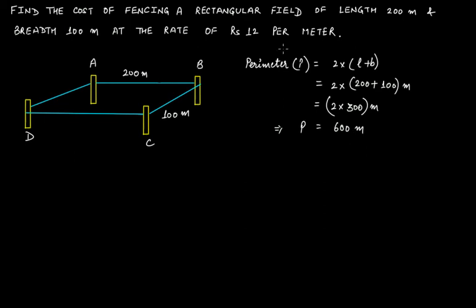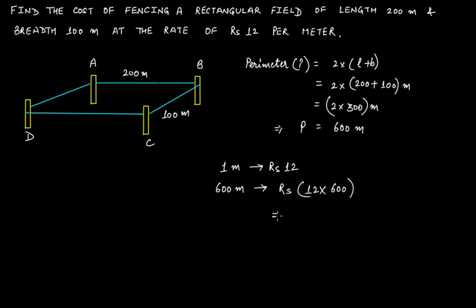Now since for 1 meter the rate is rupees 12, therefore what would be the cost for the 600 meter? So if the wire is of 1 meter, the cost is rupees 12. So for 600 meter, this will be rupees 12 times 600.